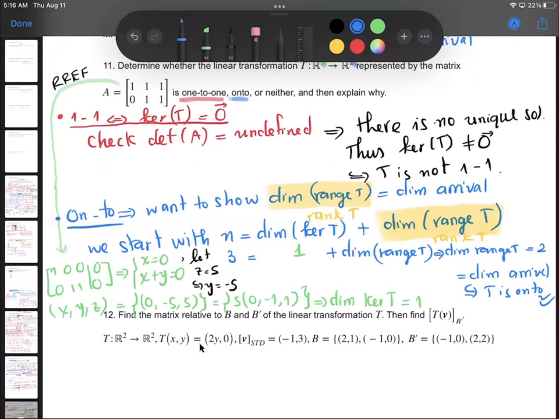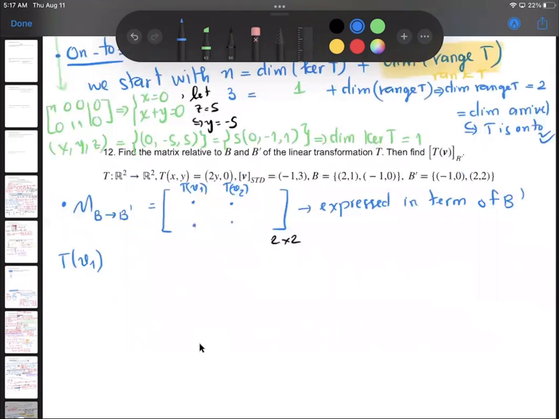So T of V1, what is T of V1? In this case it's going to be T of (2, 1).